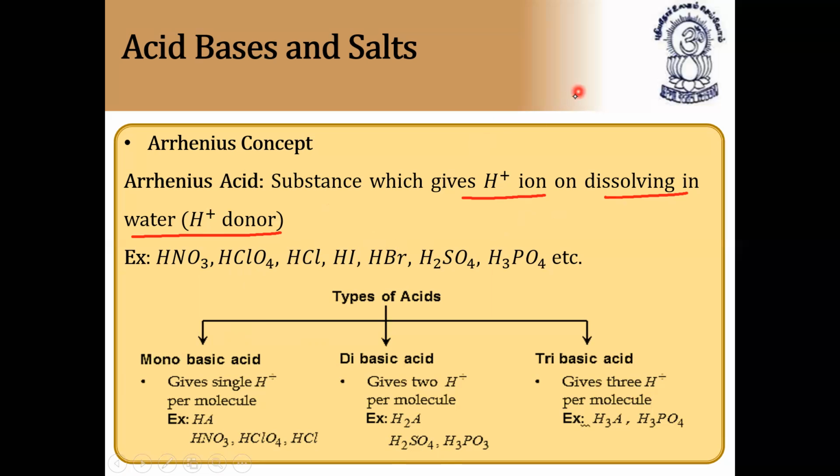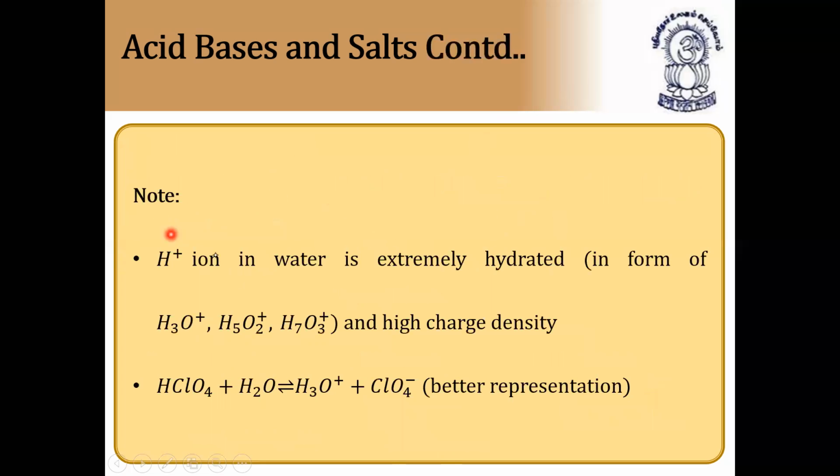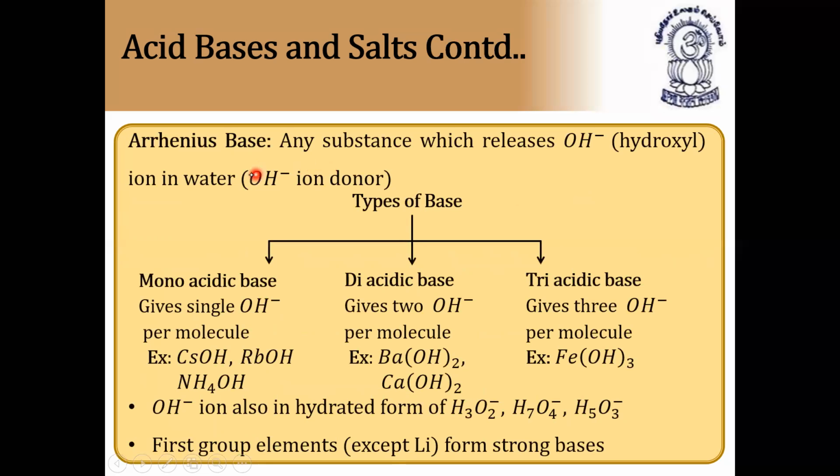Continuation now: the H plus ion in water is extremely hydrated, in the form of H3O plus, H5O2 plus, H7O3 plus, with high charge density. HClO4 plus water gives H3O plus and ClO4 minus. This is a better representation. So the H plus ion in water is extremely hydrated in forms like this.